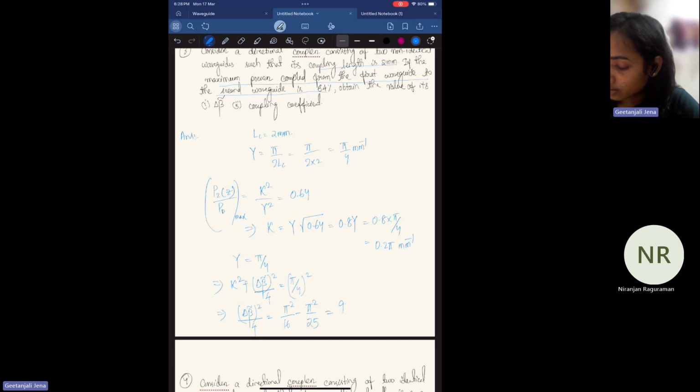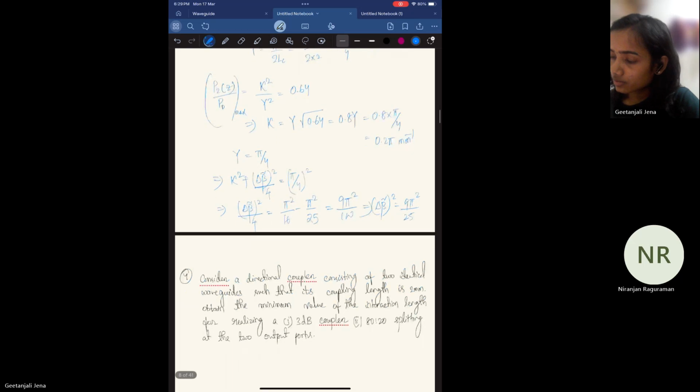This will give 9 pi square by 100. So delta beta square is 9 pi square by 25. So delta beta is 3 pi by 10, which is 0.3 pi per mm.